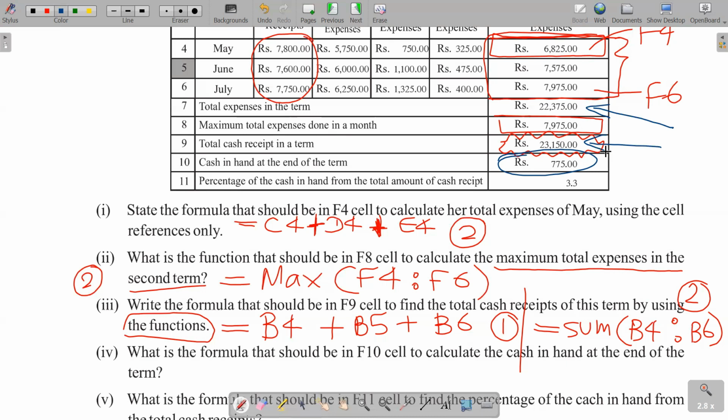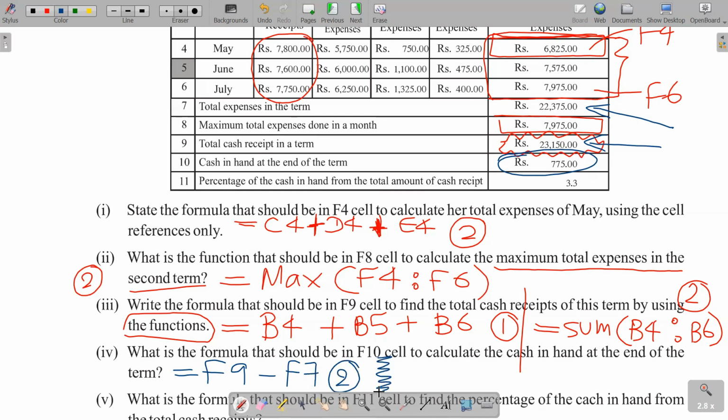So we can write equals the cash receipts, which is at F9, minus F7. If you got this, 2 marks.